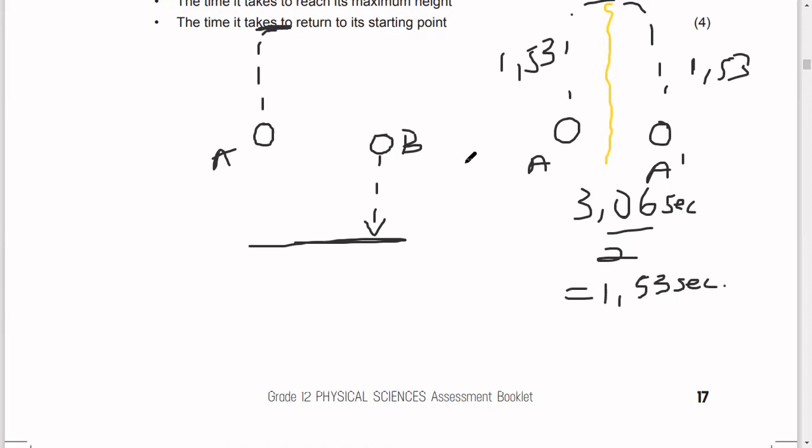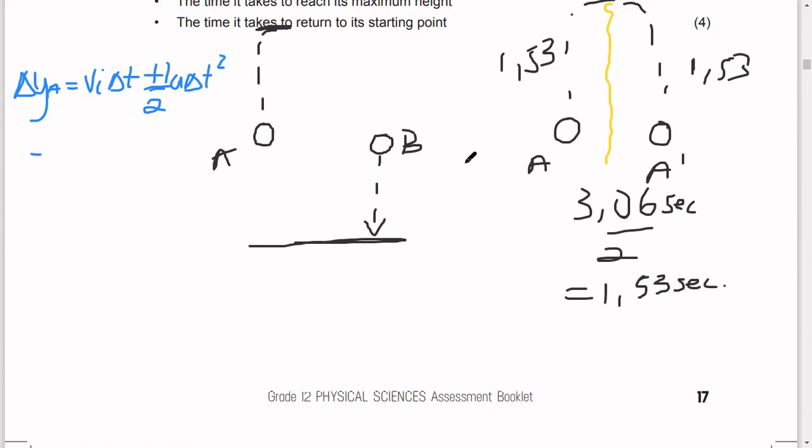We can use this time to calculate the displacement of ball B and displacement of ball A separately. In blue, delta y A equals V initial delta t plus half a t squared.